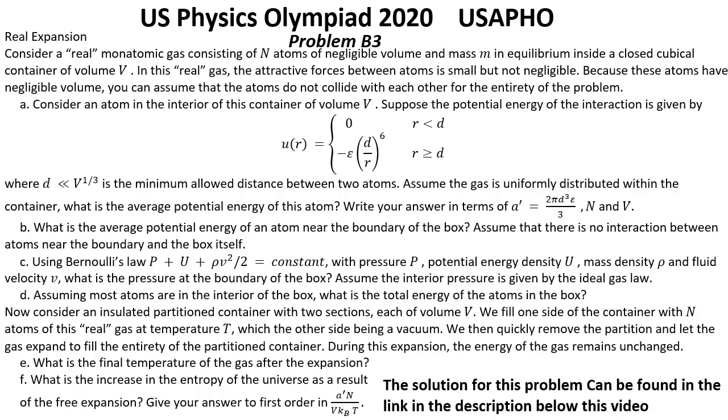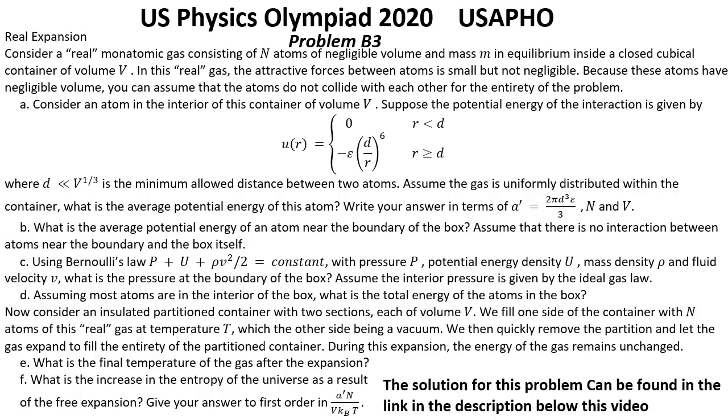Question A. Consider an atom in the interior of this container of volume V. Suppose that the potential energy of the interaction is given by 0 when r is less than d and negative epsilon multiplied by d over r to the power 6 when r is greater than or equal to d, where d is much less than V to the power 1/3 and is the minimum allowed distance between two atoms.